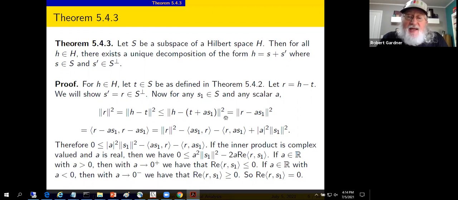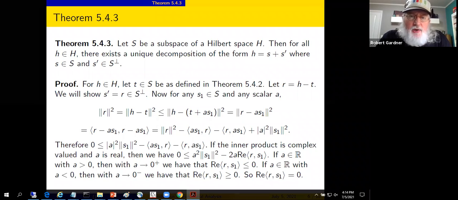That's exactly these last three terms, simply rearranged and canceling the norms of R squared from both sides. Okay, this is valid for any scalar a. Now we're about to pick some specific scalars. The formula that we've got here is good for any scalar, and we're going to apply it to specific scalars.